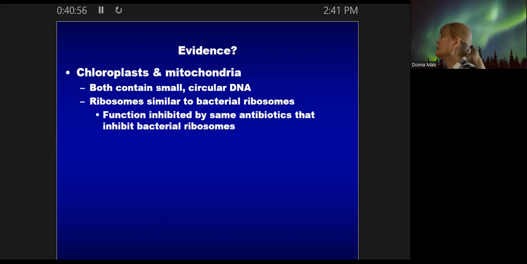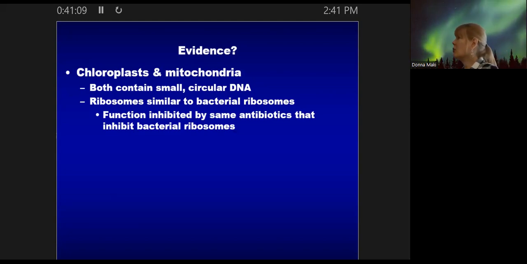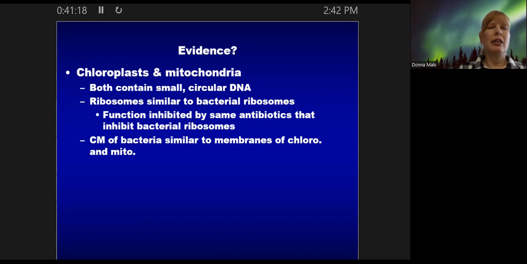Ribosomes are similar. When you peer inside chloroplasts and mitochondria, they have ribosomes, and they are bacterial-like ribosomes. In fact, if you expose chloroplast and mitochondrial ribosomes to antibiotics that can target bacterial ribosomes, the ribosomes fall apart. It works. So that's another piece of evidence.